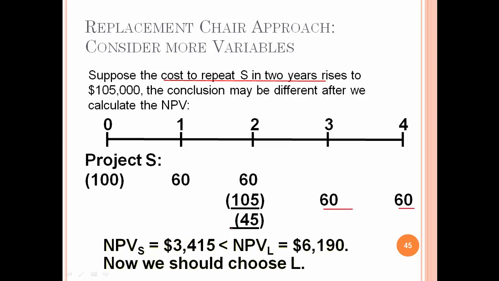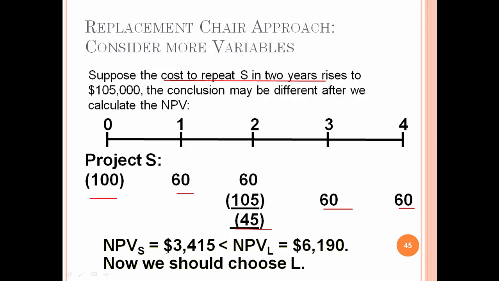So as you see, second year the net cash flow is a negative 45. And so we try to calculate the net present value of this 4-year project with your initial investment of negative 100, first year cash flow 60, second year cash flow of negative 45, and third year and fourth year cash flow of 60 for each year.